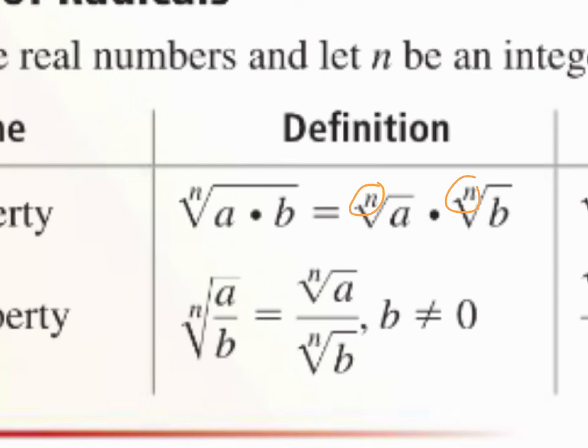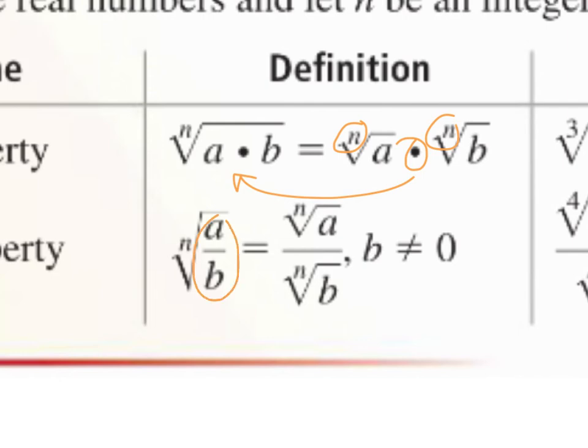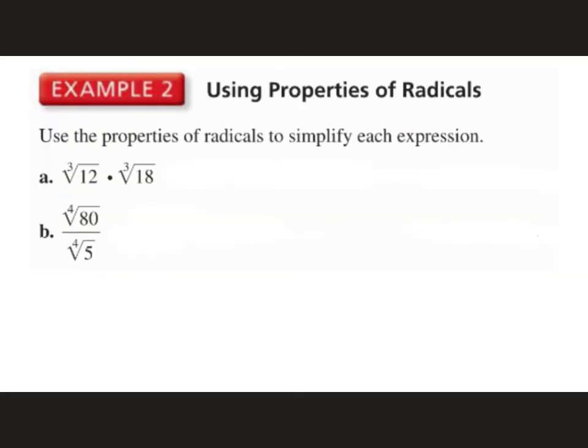So if we have two numbers under the same exponent, we can just combine them by whatever operation is happening in the middle under one radical. And then the same thing works for division. If we have a division under one radical, we can break it up into 2 separate radicals, but still keep that same operation, which is division here. So we actually did this quotient property in 2 of our examples on the slides before, where we had the same exponent and we combined them together.